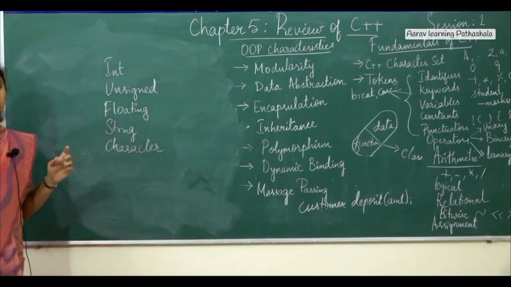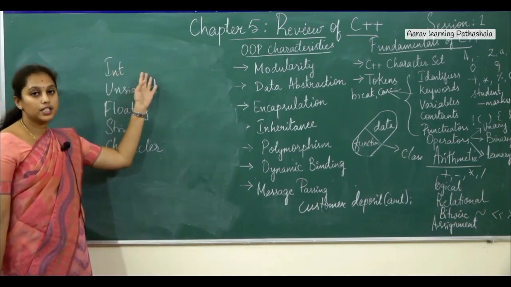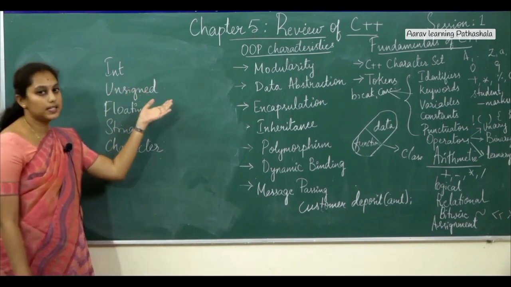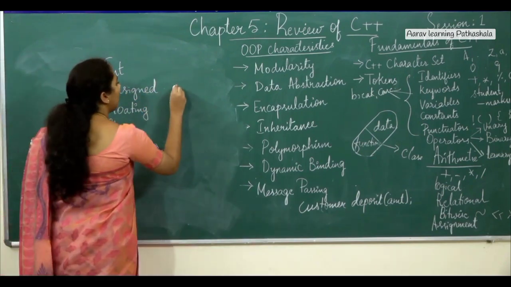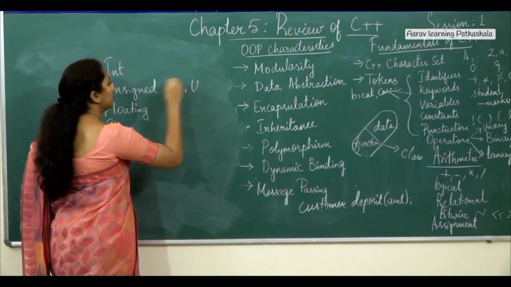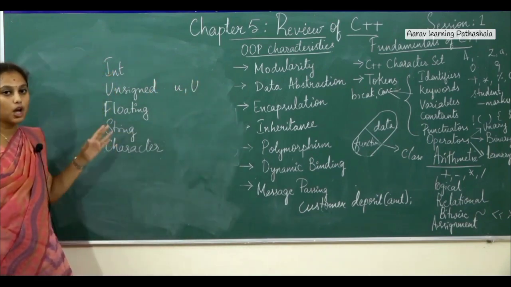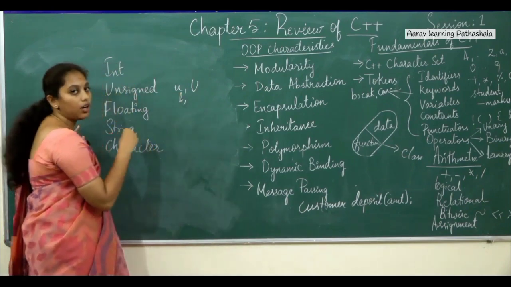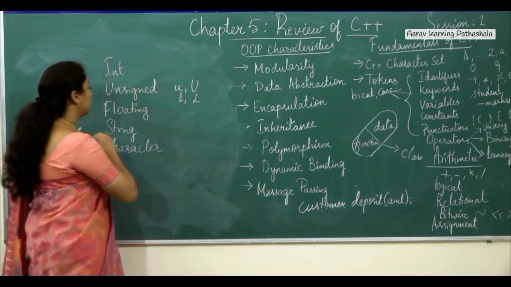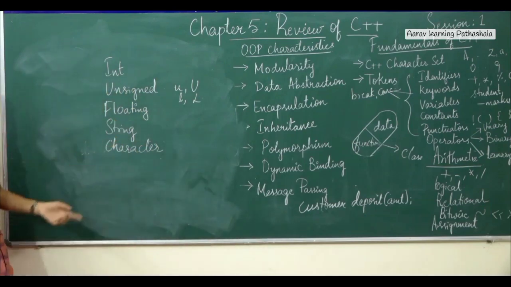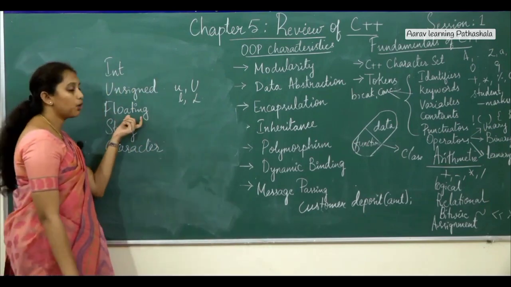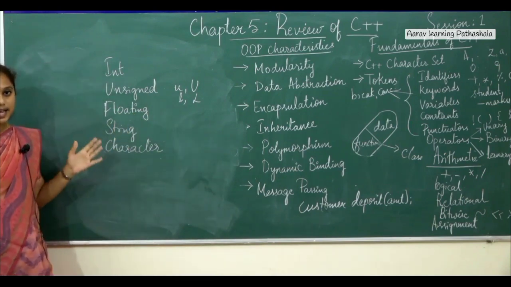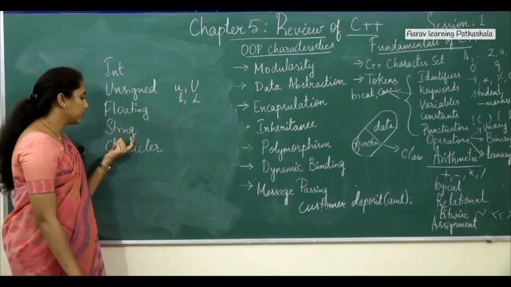An integer constant does not contain any decimal or fractional parts. To represent an unsigned integer, we use either small letter u or big letter U. To represent a long integer, we use small letter l or big letter L. Floating point constants contain both a decimal part as well as exponents.